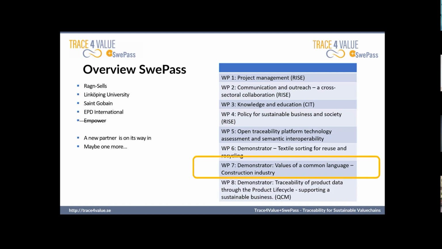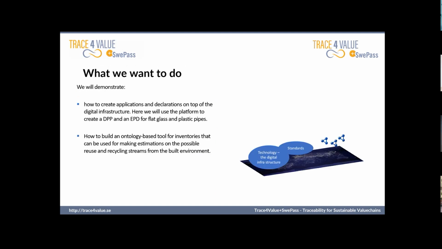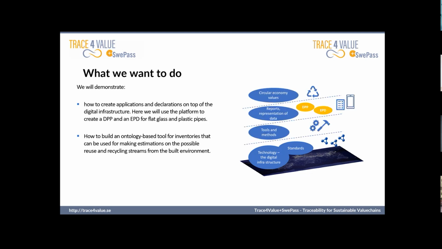I talked to them before, but we are still missing one partner, and I will come back to that in a second. But what we are trying to do in this work package is to demonstrate how we can use this infrastructure that both Eva and I have been talking about, and the standards that we have, to really demonstrate representations of data and circular economy values on top of this infrastructure.